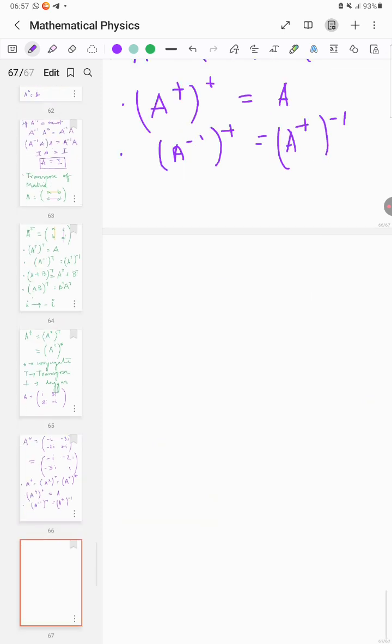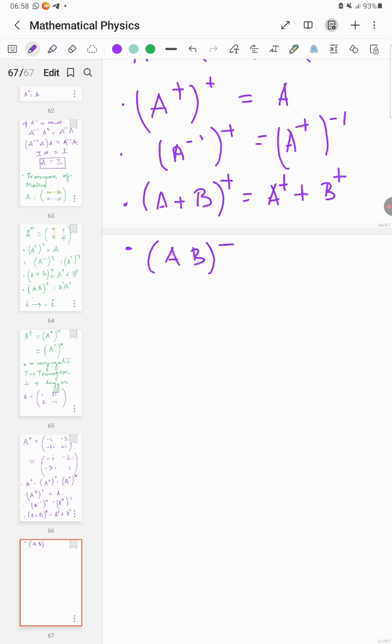Alright. Now the next property says A plus B dagger is equal to A dagger plus B dagger. The next property says AB dagger is equal to B dagger into A dagger. Alright.